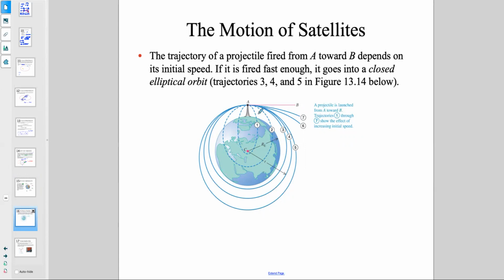If your initial speed is not enough, you'll end up hitting Earth right there. But if you have these, then you're doing a closed path. If you go to 6 and 7, then you might take a much longer time, or you might even leave the Earth's gravity eventually.